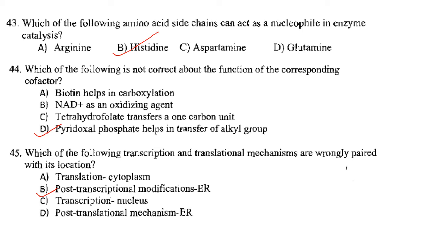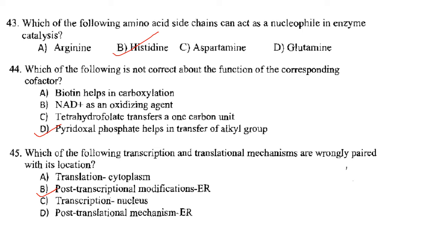Pyridoxal phosphate has the ability to covalently bind the substrate and then to act as an electrophilic catalyst, thereby stabilizing different types of carbanionic reaction intermediates. It doesn't help in transfer of alkyl groups.